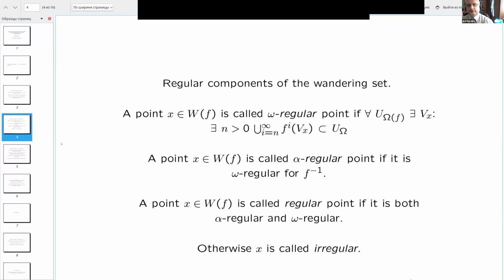A point is called omega regular if we have a neighborhood V of the point such that forward iterations of this neighborhood V are completely contained in any neighborhood U of the non-wandering set, starting from some n.